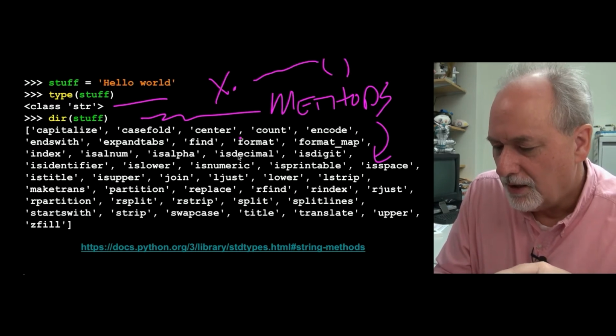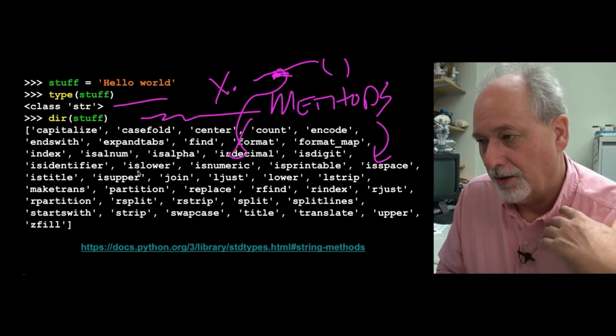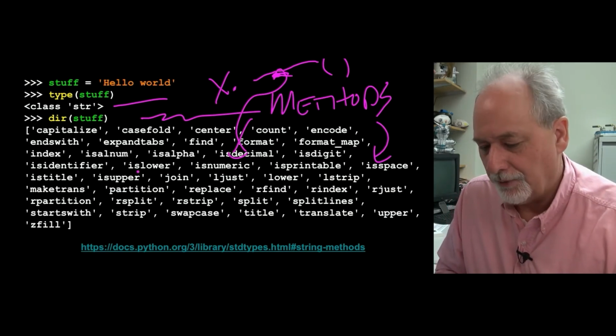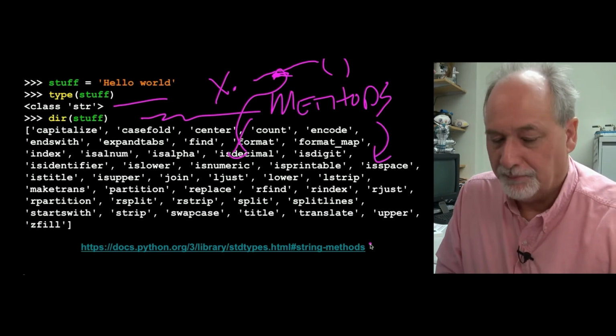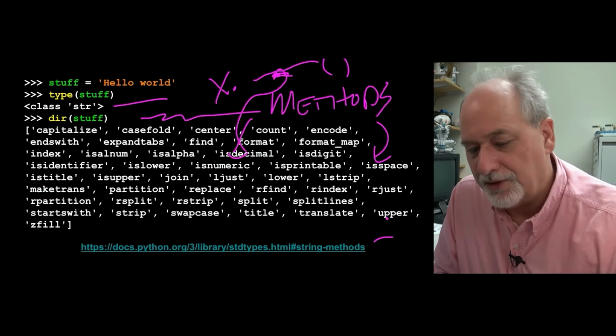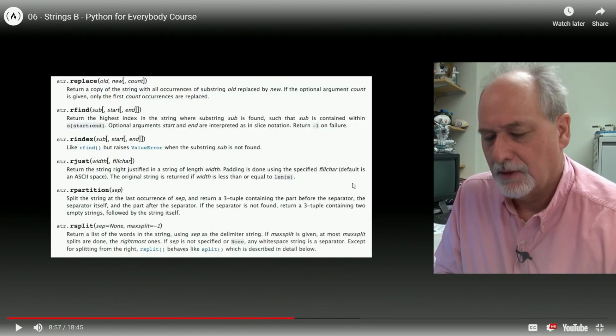Well, what can we do there? This is all of those things that are built in and come with strings when we build them. And Python, of course, has great documentation online for all of these string methods and what they do and how they work and why they work the way they do. It's all there, but it's hard to get into.